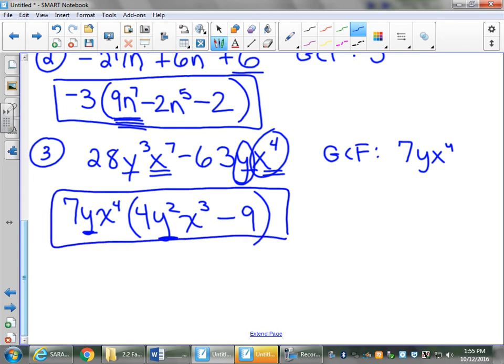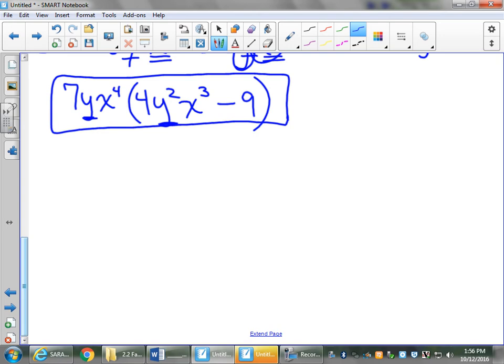So those are some examples of factoring expressions by identifying and factoring out the GCF. We're going to move on to more traditional quadratic trinomials now. Normally I would give you this example.